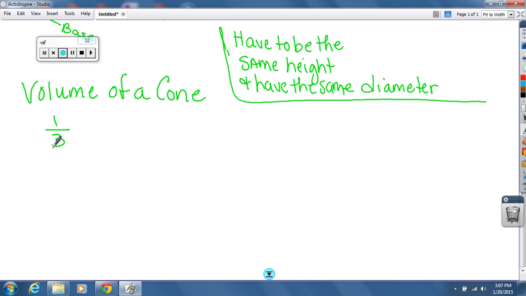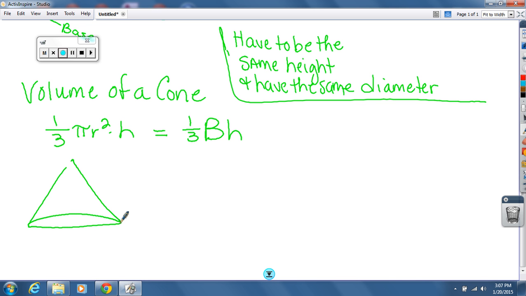So 1/3 times my cylinder formula, which is that. Now on the EOC formula sheet, you're going to see 1/3 times big B times H. And you have to remember that the big B stands for the base of the cone. So your cone has a base that's a circle, okay? A circle base.